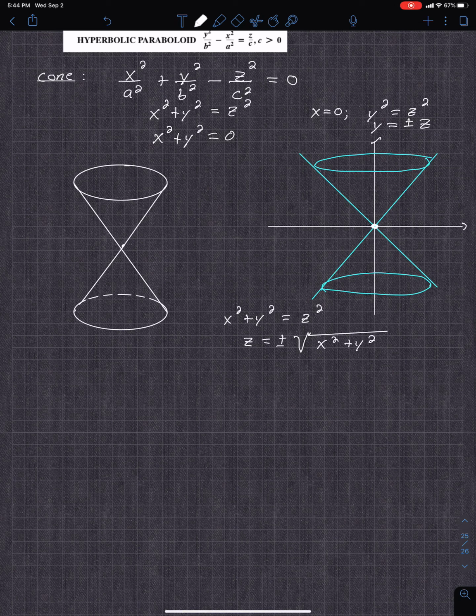When you put in that root, sometimes it's hard to see what that is. Well, basically, the plus case of the root gives you the top half of the cone, and the minus gives you the bottom half. And it's a function of those two variables. So it is a function. So we end up talking about functions of several variables in the next couple chapters.